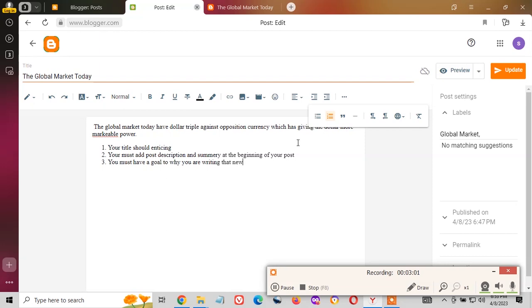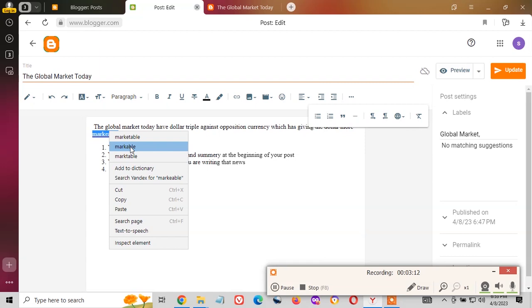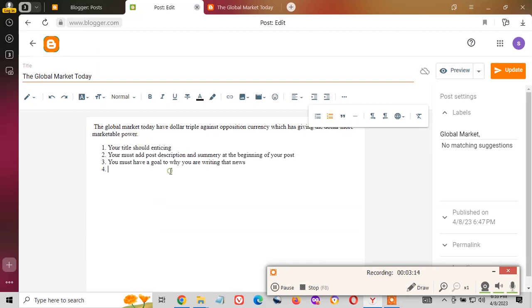Many mistakes people make, it's not only on news websites, it's around. They just come up and start writing something which they don't have a specific goal or what they want to achieve. They don't have it.